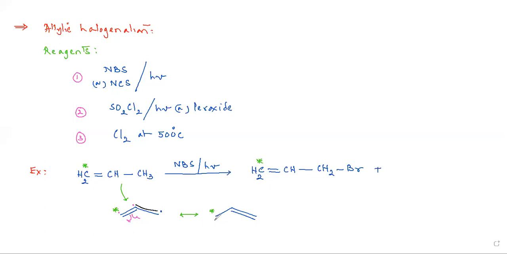Now look at the free radical. So that is how you get two different free radicals. Now when this free radical is considered, the product that we get is this. Okay. And now it is this.